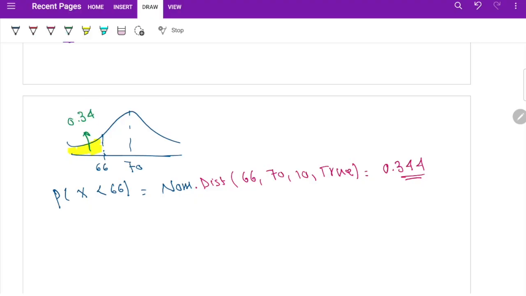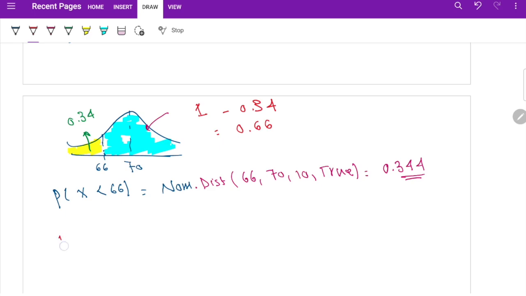My question to you: if this area is 34%, what's the area greater than 66? We're talking about this area. We know that the whole area is 100%, so 100% minus 34% is what? 1 minus 0.34, which is 0.66.